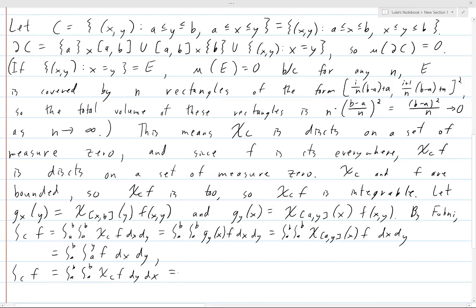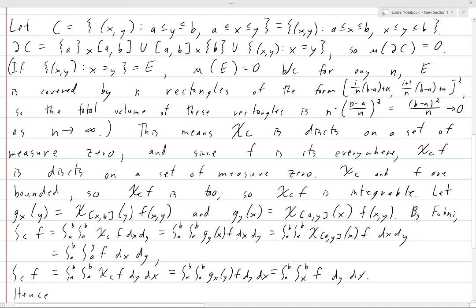This time it's going to be g_x(y) f dy dx. I'll skip the next step where I plug in the chi function, and I'll just put it straight into the integrand. So this indicator function goes from x to b, and then we've got f, because the indicator function is built into the bounds of the integral, dy dx.